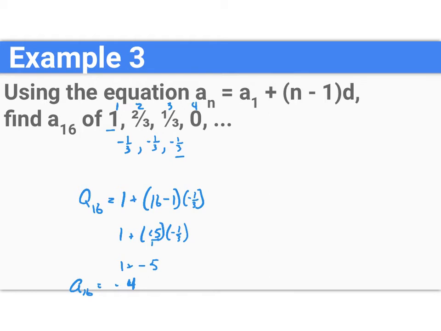So what you can do is subtract 1/3. If you subtract 1/3 from 0, you'll get negative 1/3, and then you subtract a third, you'll get negative 2/3. Then you'll get negative 1, and negative 1 and 1/3, negative 1 and 2/3, negative 2, negative 2 and 1/3, negative 2 and 2/3, negative 3, negative 3 and 1/3, negative 3 and 2/3, and then negative 4.